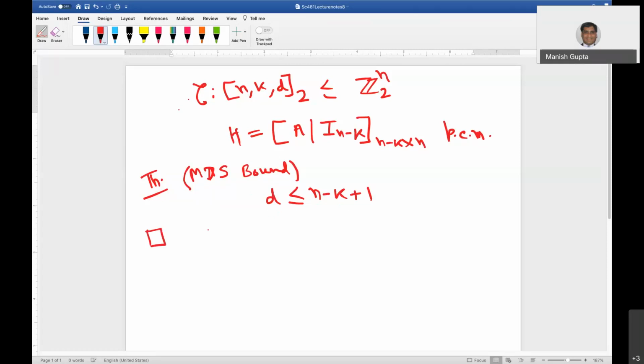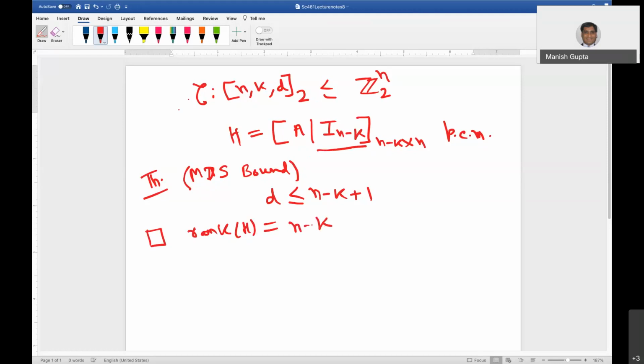We know that rank of H. What is the rank of H? Can you tell me? Rank means the maximum number of linearly independent columns. Here, because of the presence of this identity matrix of size n minus k, the rank of H is n minus k.